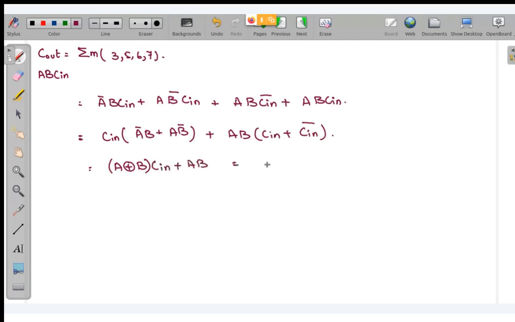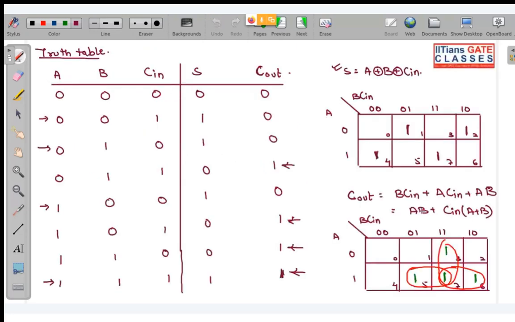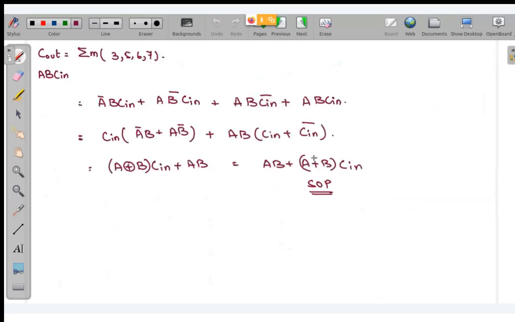So this is actually equal to AB plus (A plus B) C in, which we got using the SOP, using K-map, and this we got by minimizing this expression. So both of them are correct for C out. Okay, so this we got using K-map, and this one we got by minimizing the expressions.